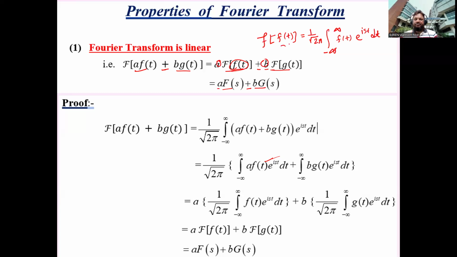So if it is f(t), it will be f(t). If it is g(t), it will be g(t). Now, our function is here, you see, a times f(t) plus b of g(t).